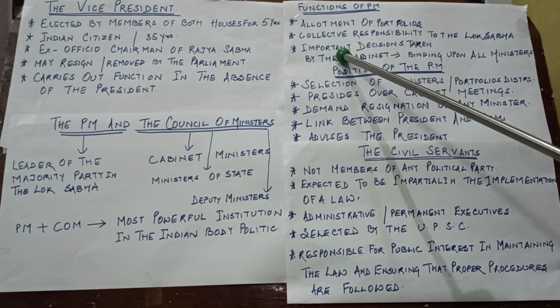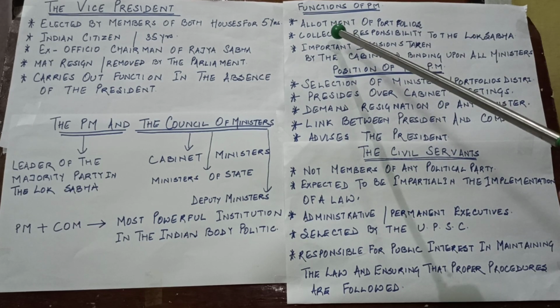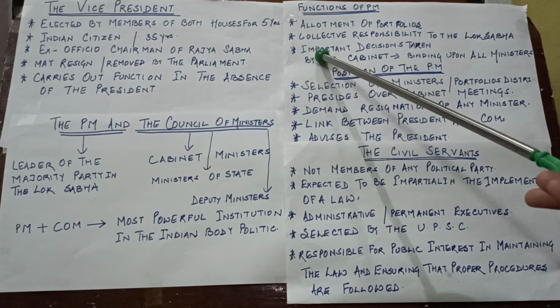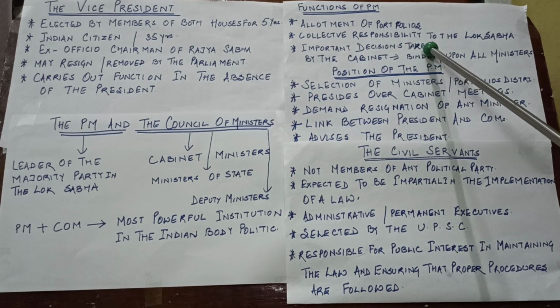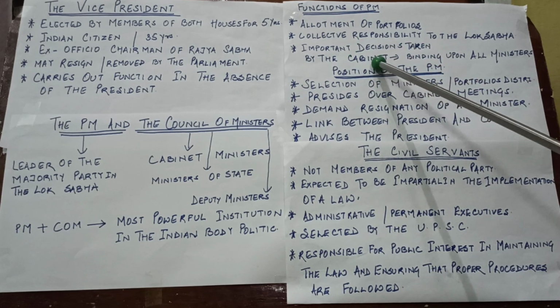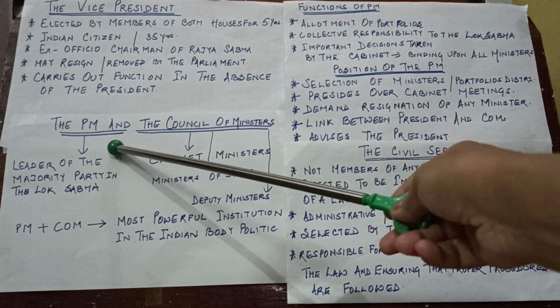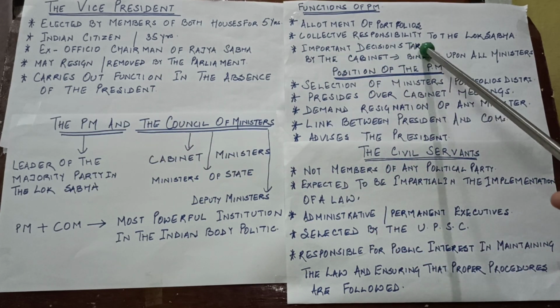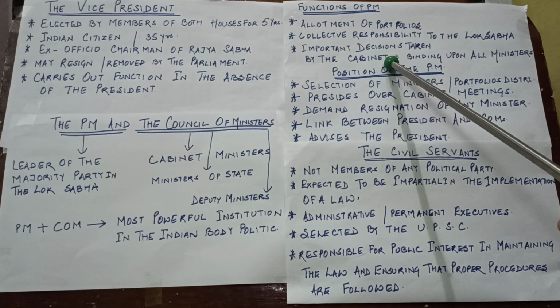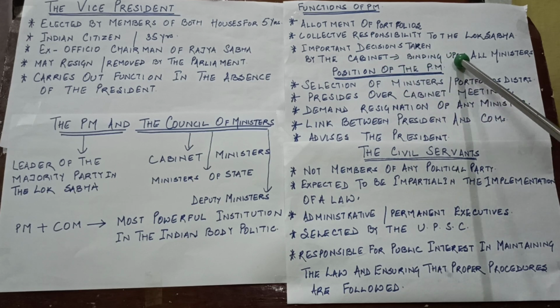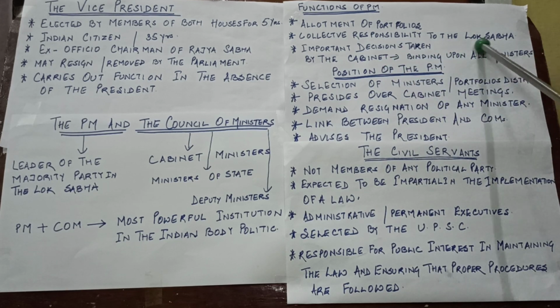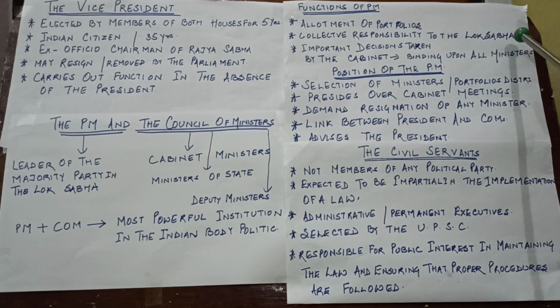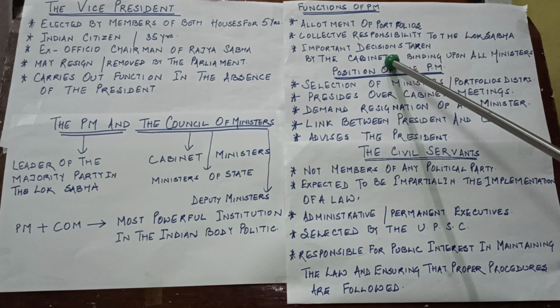The third one, that the Prime Minister takes important decisions together with the cabinet. The cabinet is headed by the Prime Minister, and all the important decisions are taken by the cabinet, and the rest of the ministers are bound to obey the decision of the cabinet.